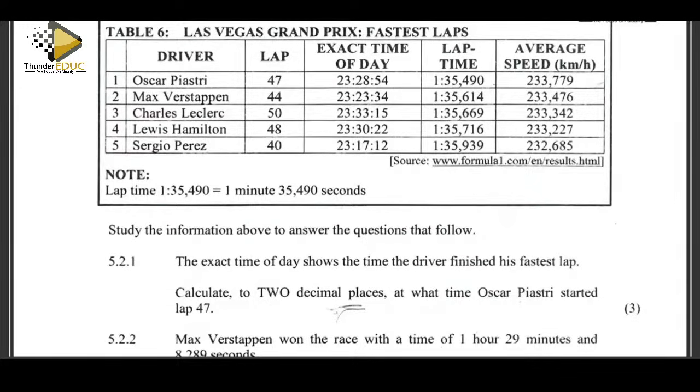All right, then we look at that. The exact time of the day shows the time the driver finished his fastest lap. Calculate to two decimal places at what time Oscar started. The exact time shows the time when the driver finished. That means this is the end.